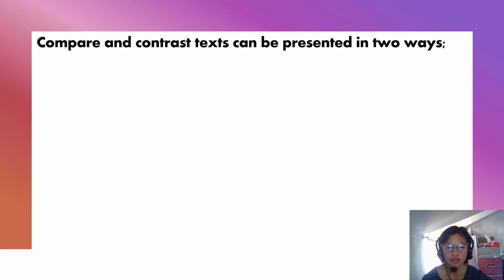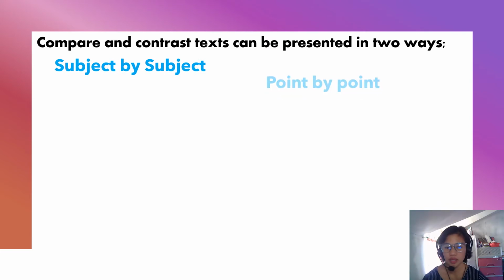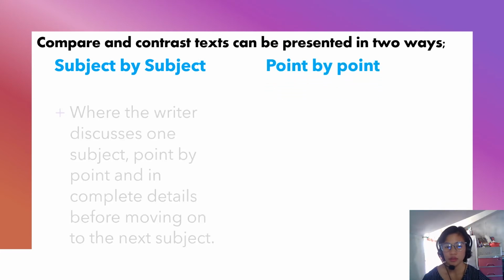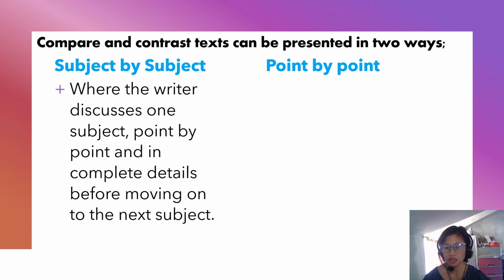Let's proceed. A compare and contrast text can be presented in two ways. The first one is subject by subject and the second one is point by point. When you say subject by subject, this is where the writer discusses one subject point by point in complete detail before moving on to the next subject.